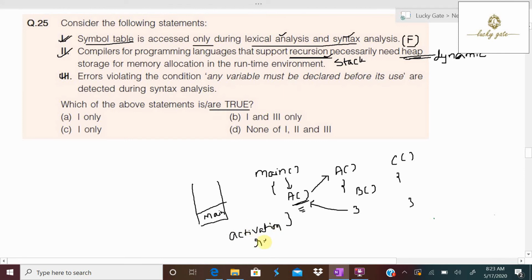We call it an activation record. An activation record contains information about formal parameters, local variables, return values, return addresses, right? So much information has to be maintained; an activation record specifies information pertaining to one execution of a function. Before control leaves, it maintains one activation record in the stack.